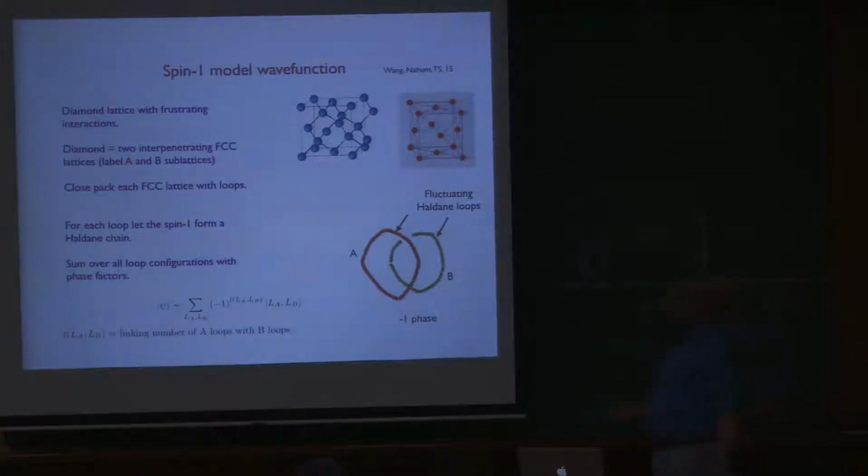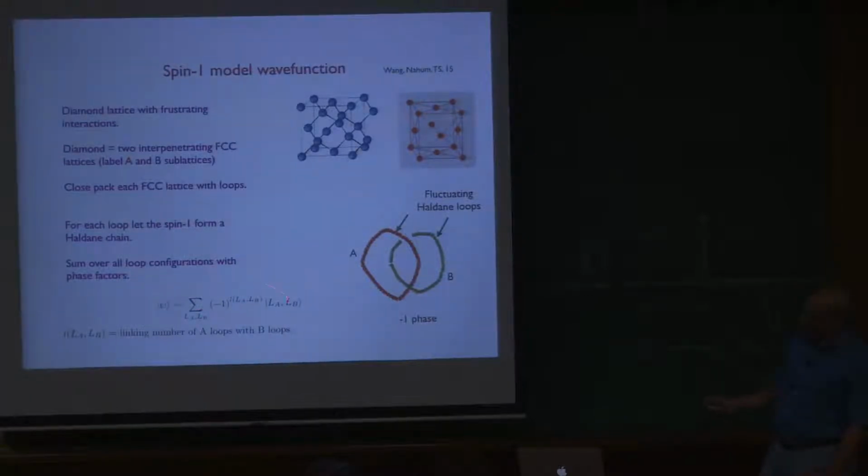Then the ground state wave function will be a sum over all loop configurations with some phase factors. The phase factor will be chosen such that when an A-type loop has a non-zero linking number with a B-type loop, then there's a phase of -1. A and B correspond to the two sublattices. So that's the wave function.